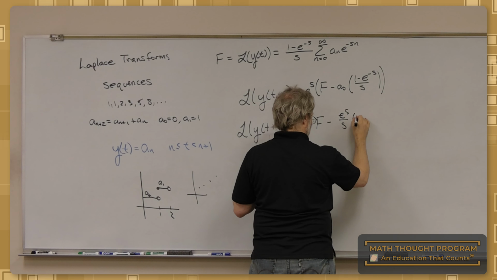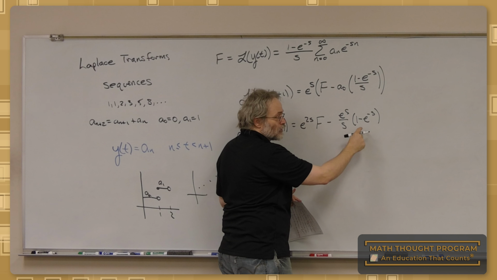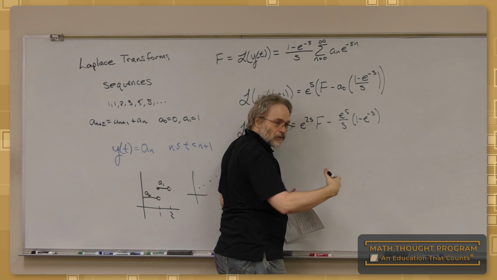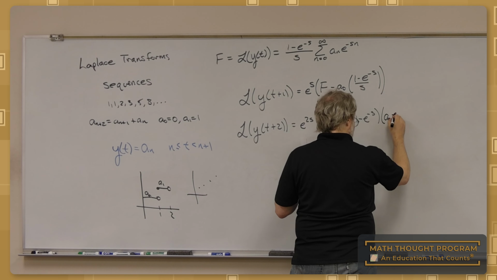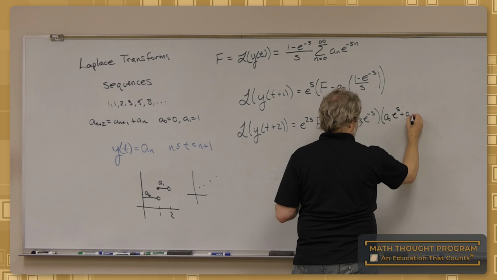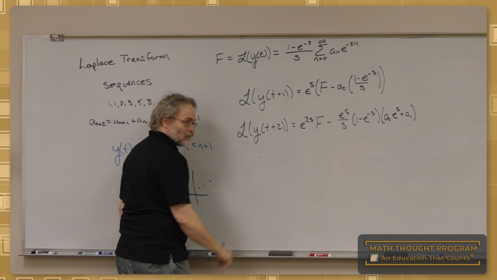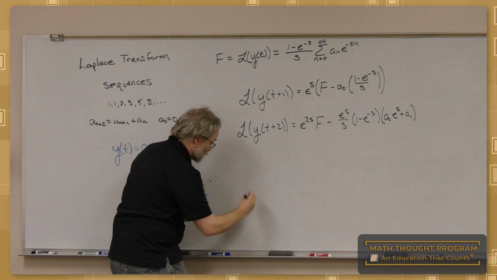If you wanted to, you can push the e to the s through, and we'll get you 1 here and e to the s here. But it's just my way of looking at it. And you're going to pick up this piece in the back. You're going to have A0 e to the s plus A1. Dot, dot, dot. Math magic. You gotta love that math magic.